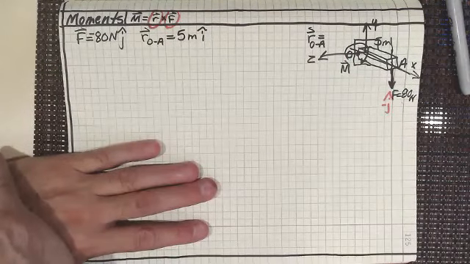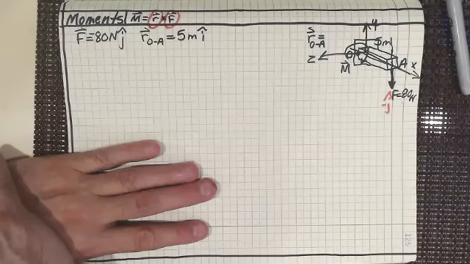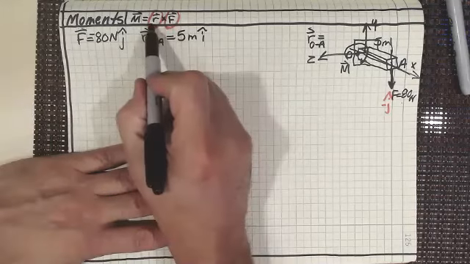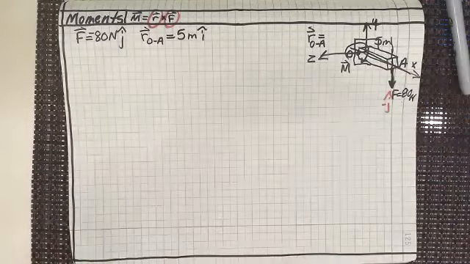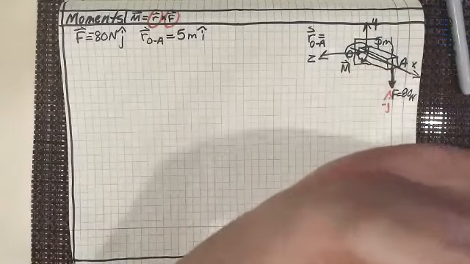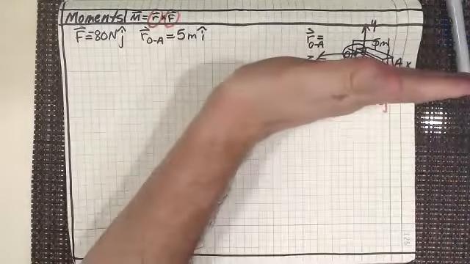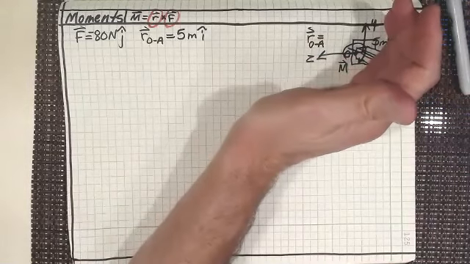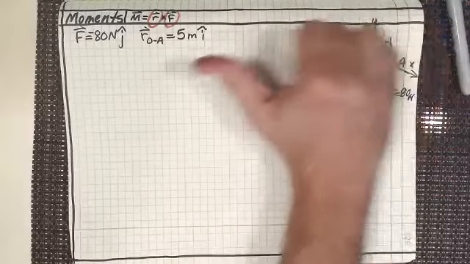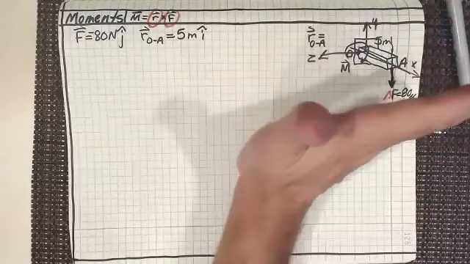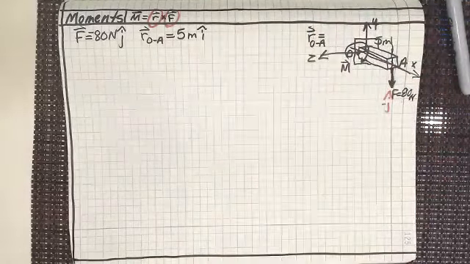Now, I think that everybody can see R cross F. What's that going to give us? Let's lay our hands along the X direction, roll our fingers toward the Y direction, and our thumb is going to be pointing in the Z direction, isn't it?